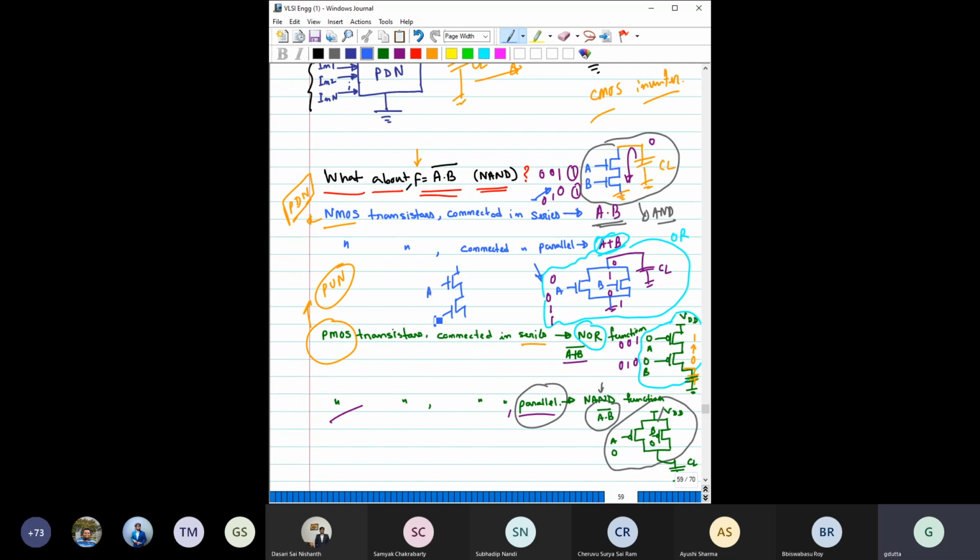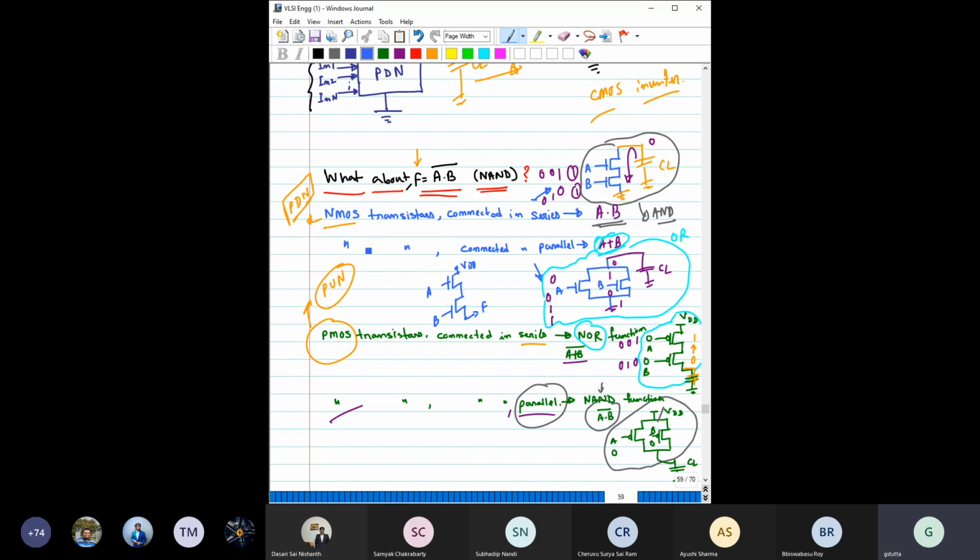Okay, this A, B, you have this applied voltage and you are seeing the output from here. Because here we have explicitly mentioned NMOS as a pull down network, so you have explicitly drawn it like this.